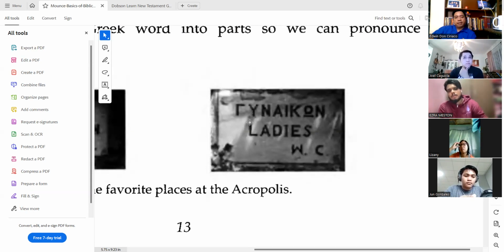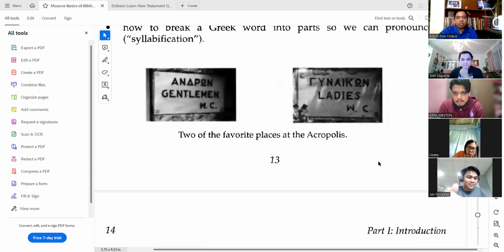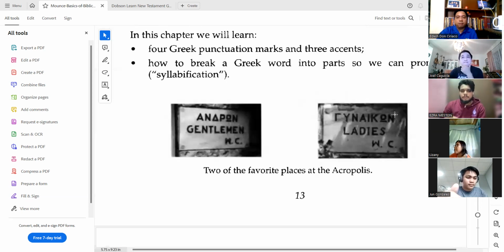It is a ge, Nikon. So this is a gamma and eta, Nikon. Which means most likely this is referring to the toilet. Two of the favorite places at the Acropolis, no? The toilet. Which means this is definitely the use of modern Greek.